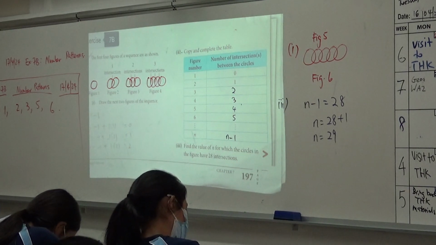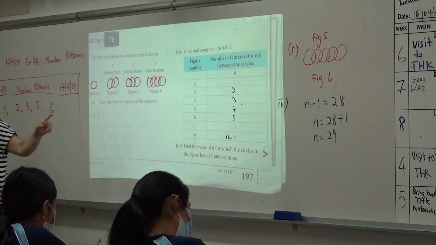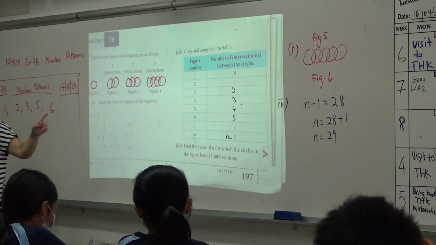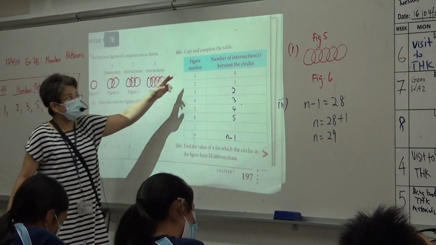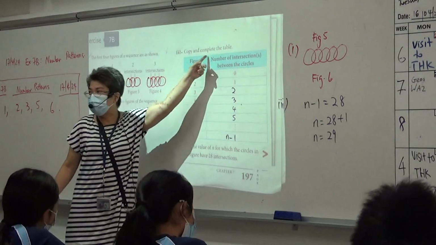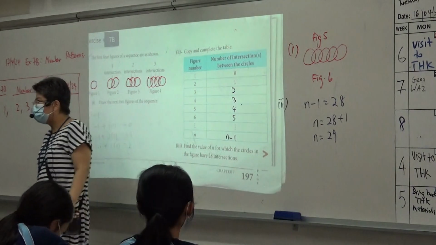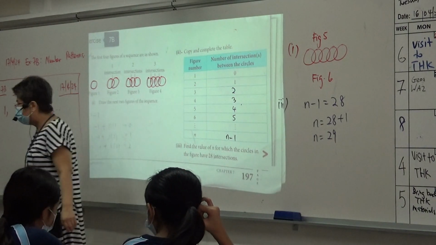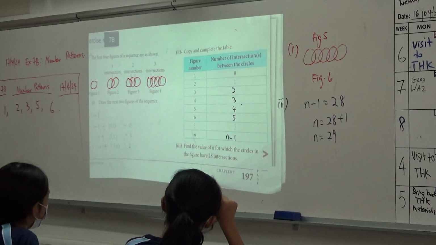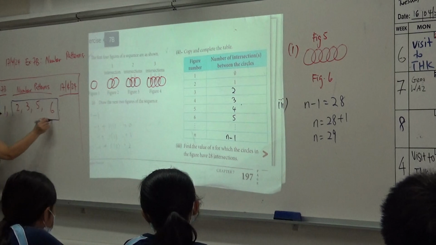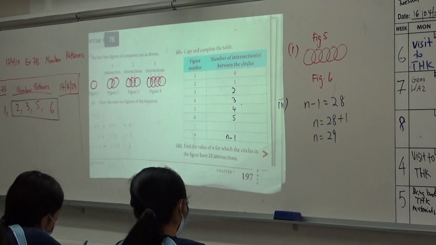Okay. I already said copy the table. Who's the one asking the question? Yes. I already said copy the table and fill the blanks. Copy and complete the table. Don't just give me like that. I don't want it. Okay? Alright. Can you now continue these 4 questions?